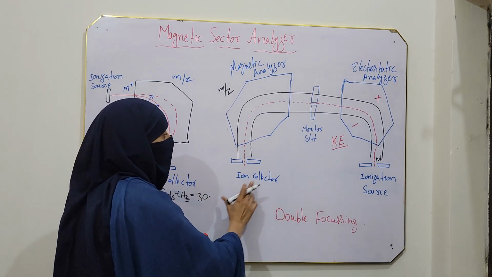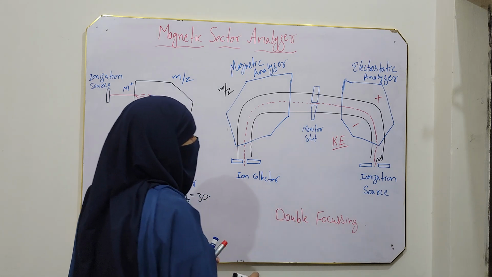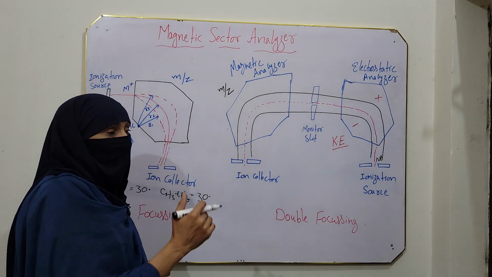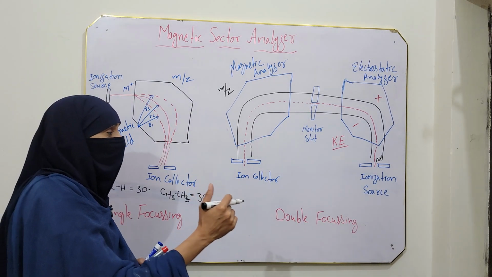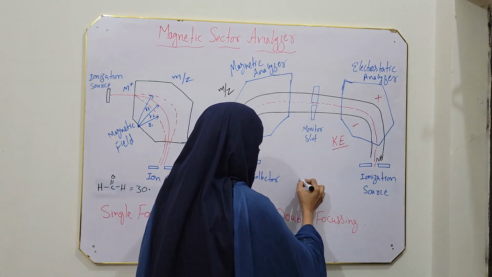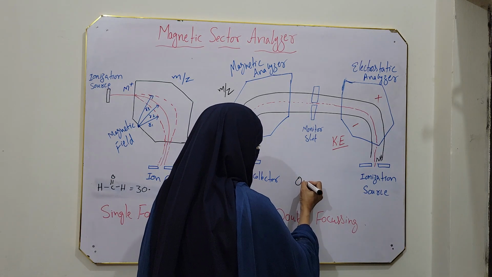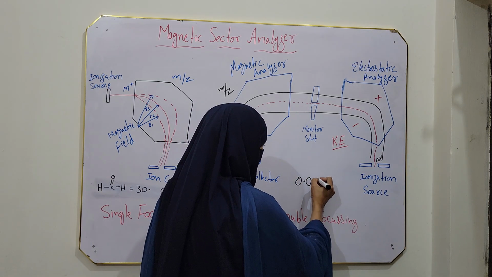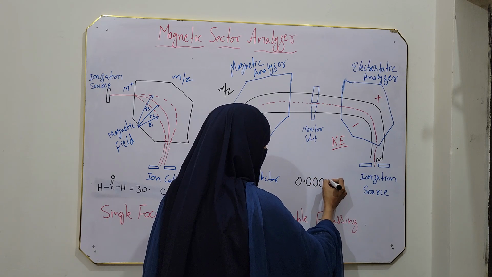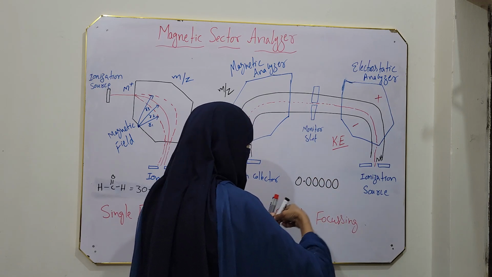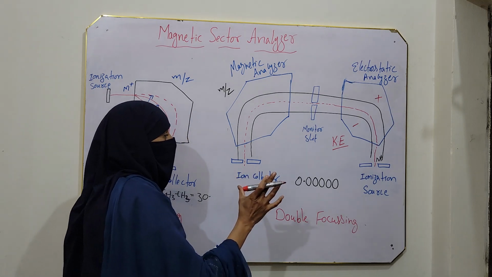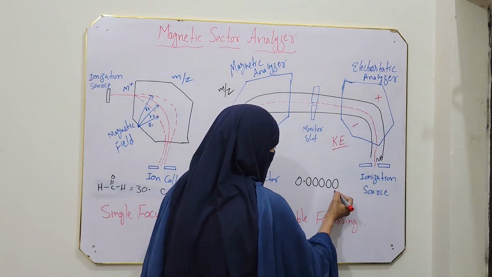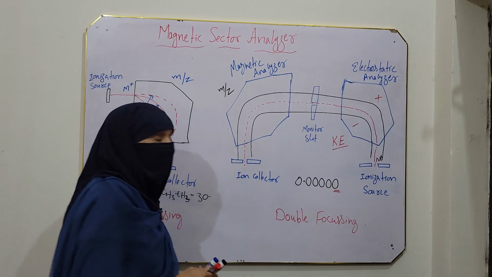This type of analyzer can separate ions up to the fifth decimal point. Fifth decimal point means decimal points 1, 2, 3, 4 and 5. This analyzer gives you the accurate mass of a compound up to the fifth decimal point.